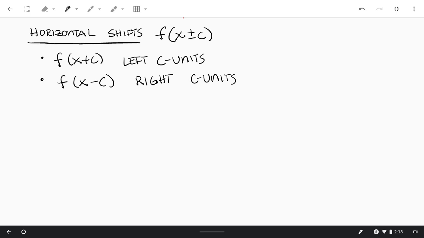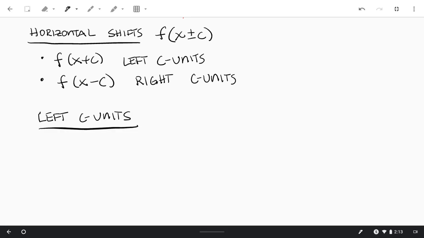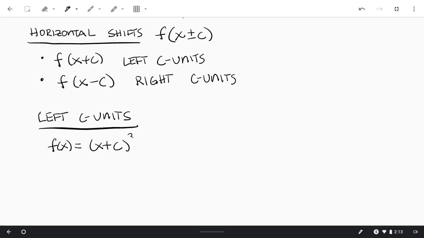Okay, so let's take a look. What would that look like if you're doing left c units? That would look something like this: f of x equals (x plus c) cubed.